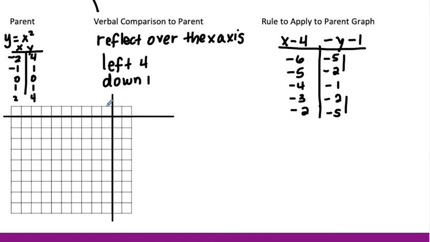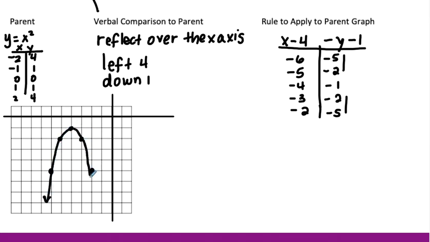Okay, so negative 6, negative 5. So 1, 2, 3, 4, 5, 6. 1, 2, 3, 4, 5. Negative 5, negative 2. So 1, 2, 3, 4, 5, 1, 2. Negative 4, negative 1. Negative 3, negative 2. And negative 2, negative 5. And you can see my parabola.